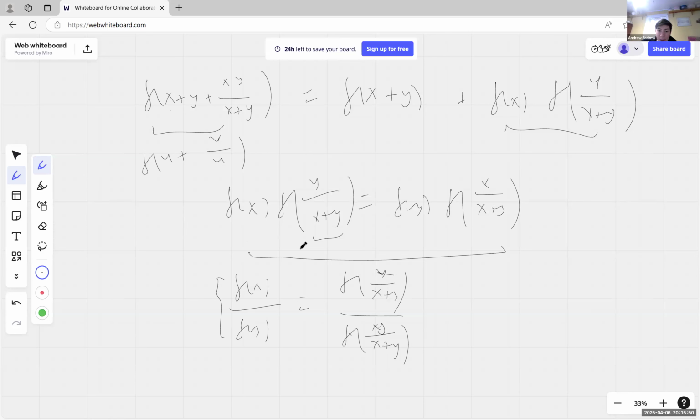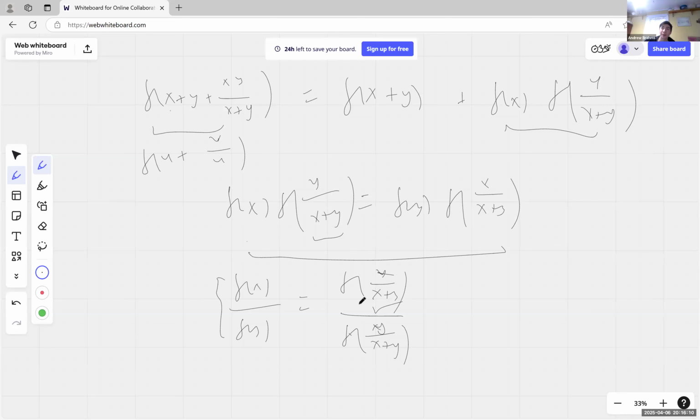The reason is that this is a homogeneous sort of thing, like homogenizing in barycentric coordinates.